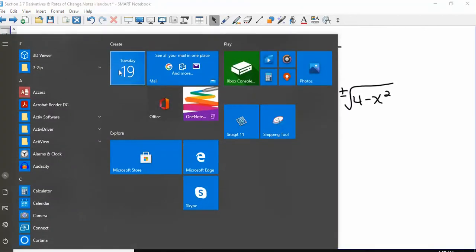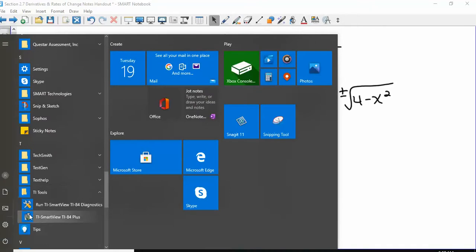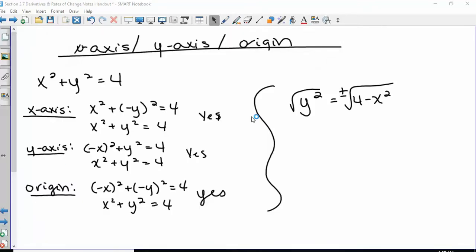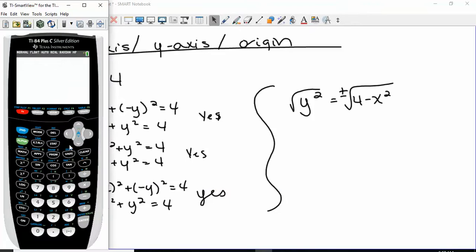So then what you're doing on your calculator, you are going to have to enter two separate things for your y. So your first one would be a positive square root of 4 minus x squared. And the second thing is a negative square root of 4 minus x squared.